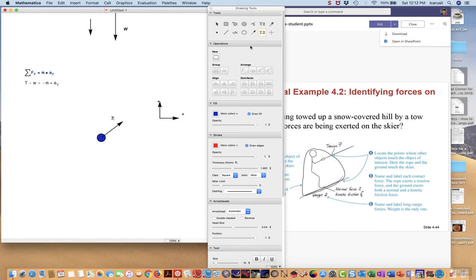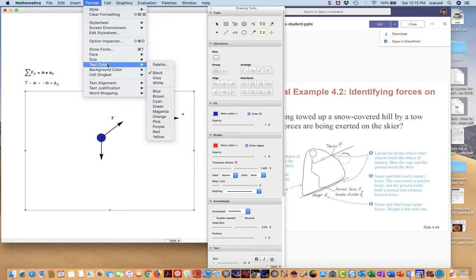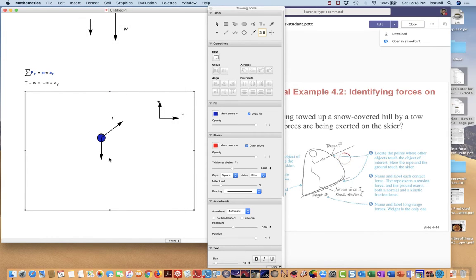Next force. I need to put in a force of gravity. That is acting directly downward. So there's my weight. And just type that in.